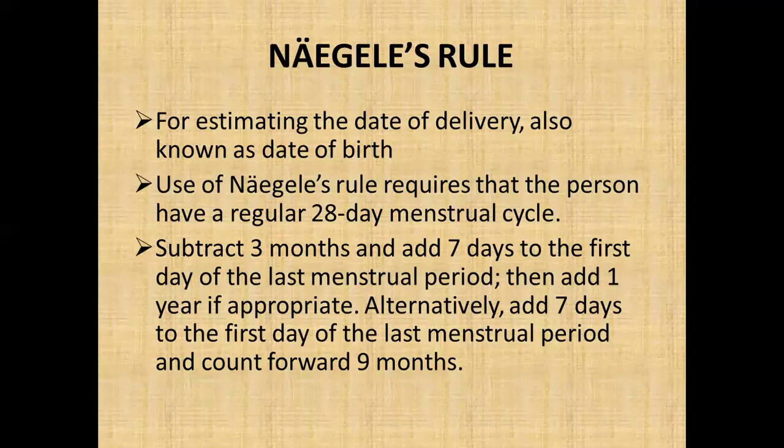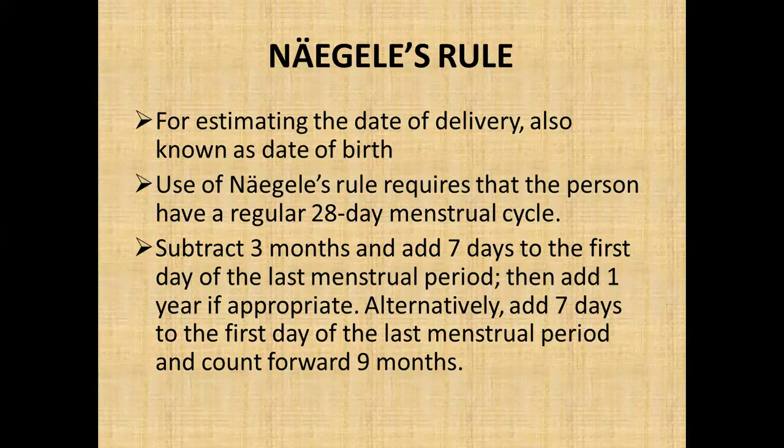So the first day was 10th April. You add 7 days to the 10th April, so 10 plus 7, you are getting 17th.